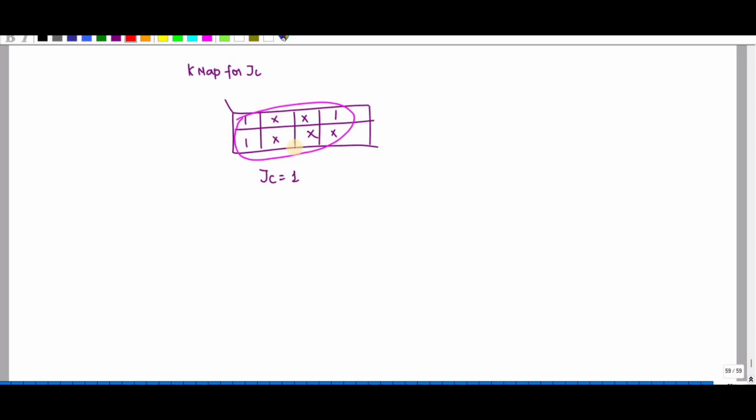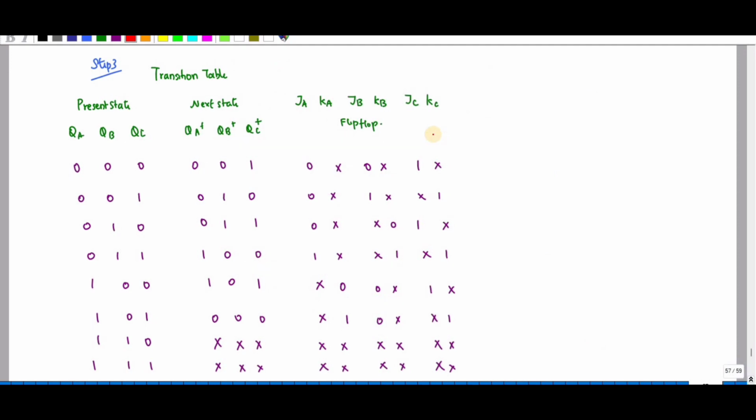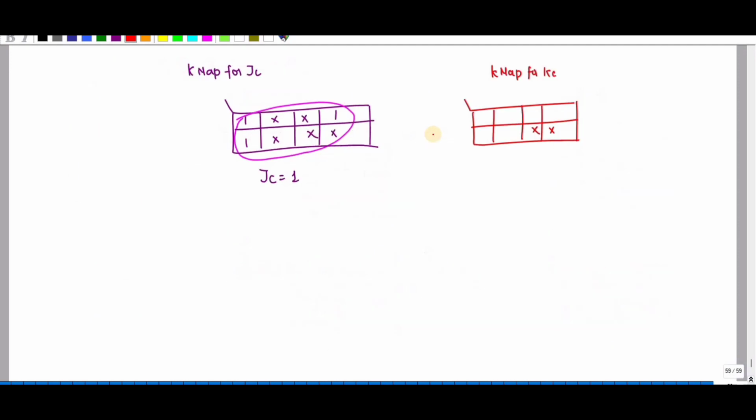Since all the values are 1, you can write it as JC is equal to 1. So next K map for KC. So what is the value? x 1 x 1 x 1. So this is also, I group all this one, I will get KC is equal to 1.